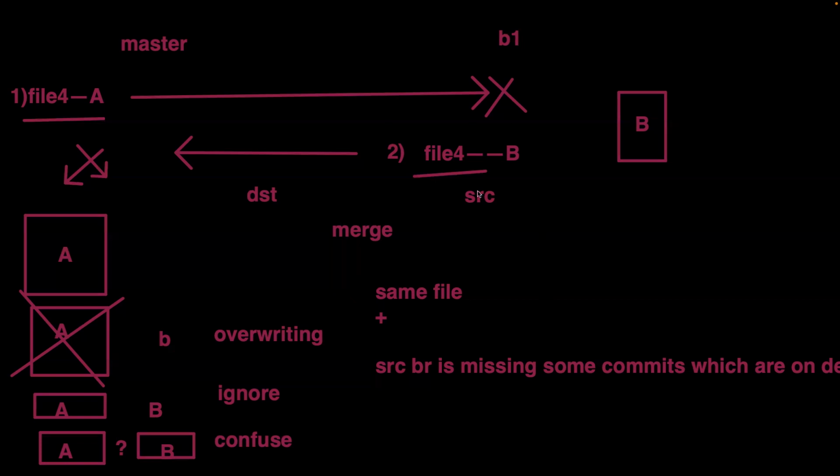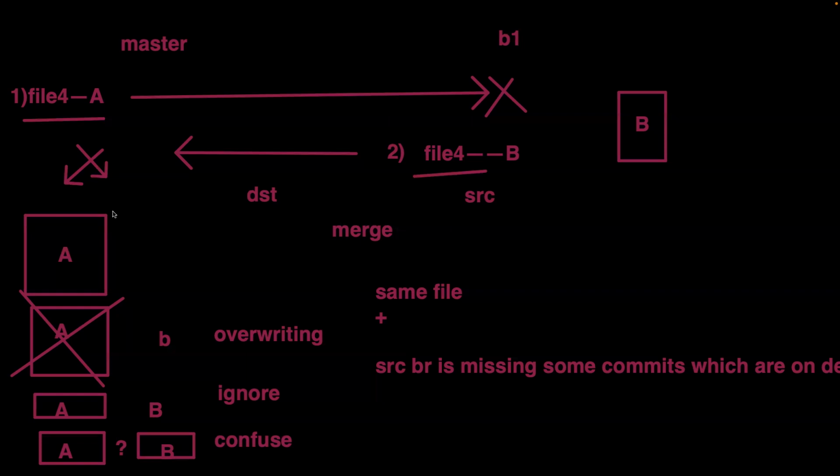Whatever is in the source should be integrated into master. If you see the snapshot of file 4, it has got only B. So when it has to integrate, it should take only B and put it in master. Why should there be a commit A? Commit A is not coming from the source. So should it keep it or should it override it?